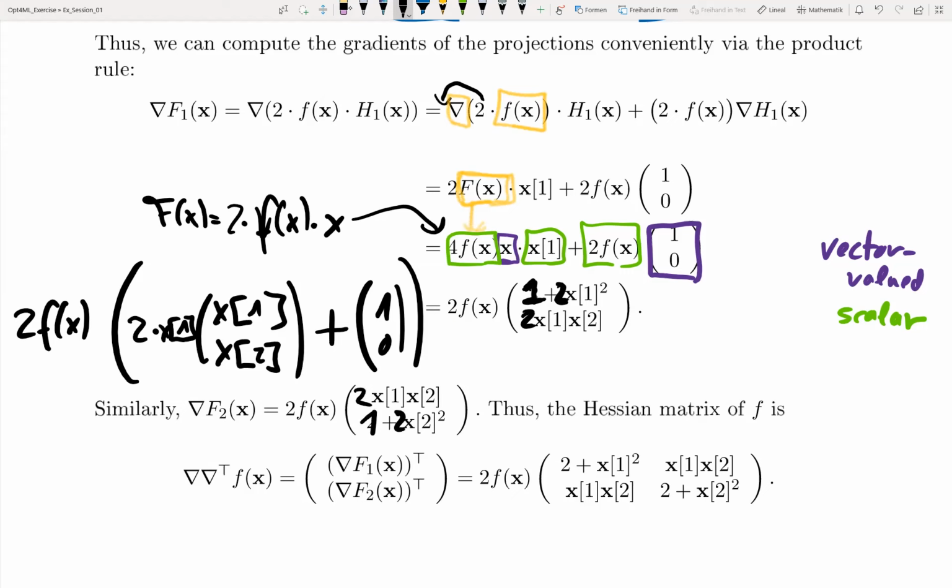So if you do the same calculation for this F2 gradient, with a similar reason, just reversing the 2, it is quite symmetric, we will get this one.